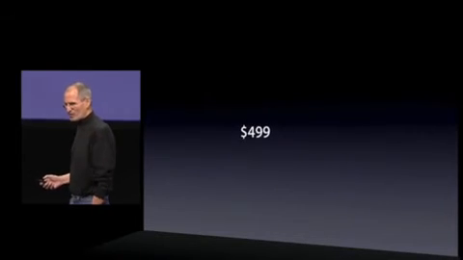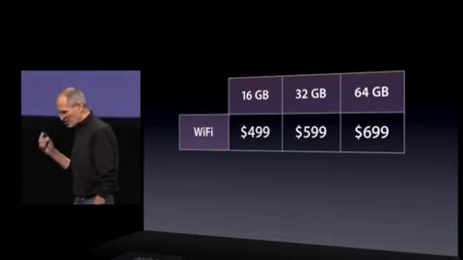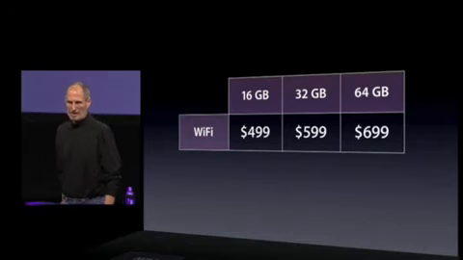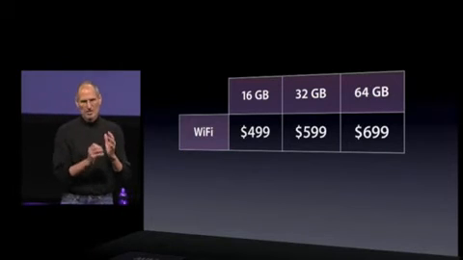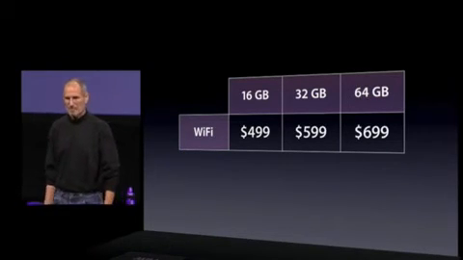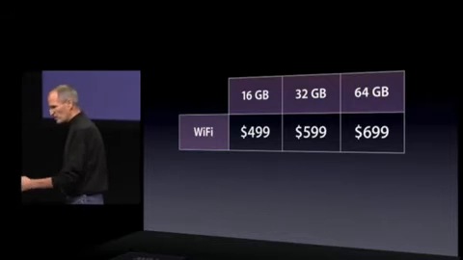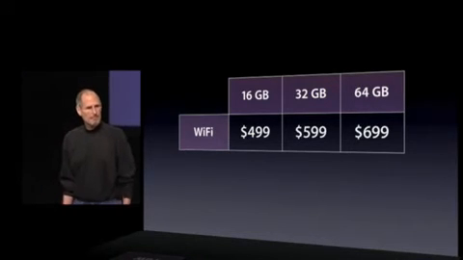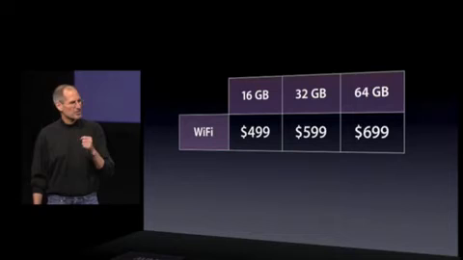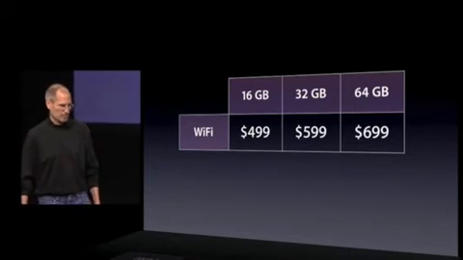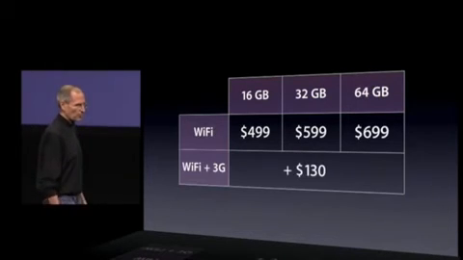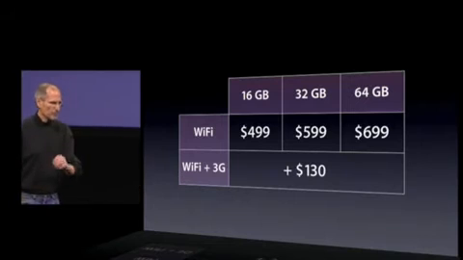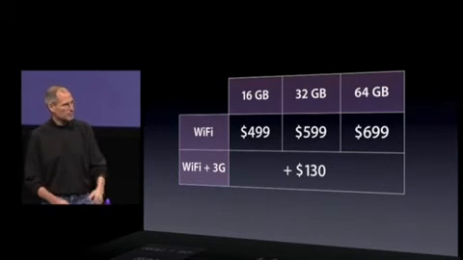So, $499 for a 16 gigabyte iPad. That's our base model, 16 gigabytes with Wi-Fi built in. For 32 gigabytes, it's $100 more. And for another $100 beyond that, you get 64 gigabytes of storage. The 3G models cost an extra $130 to build in the radios.